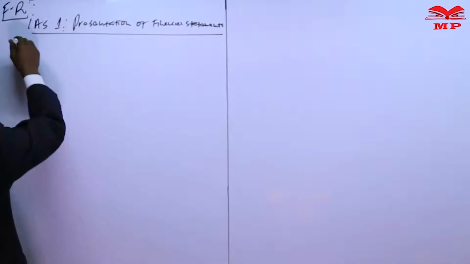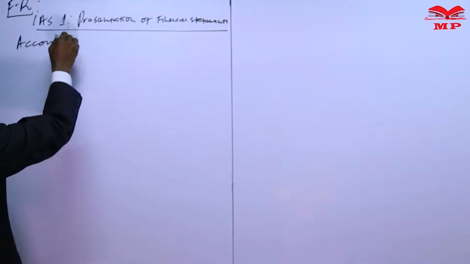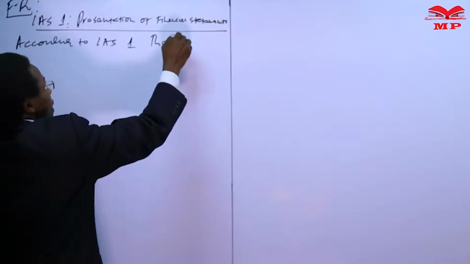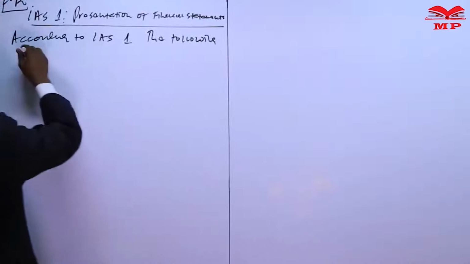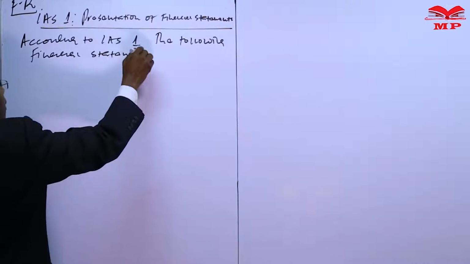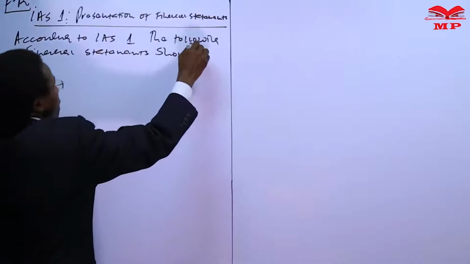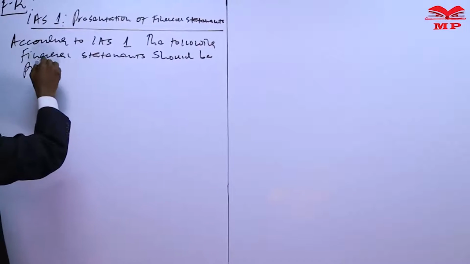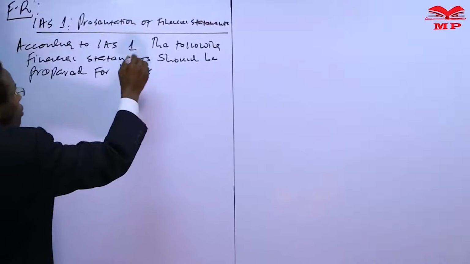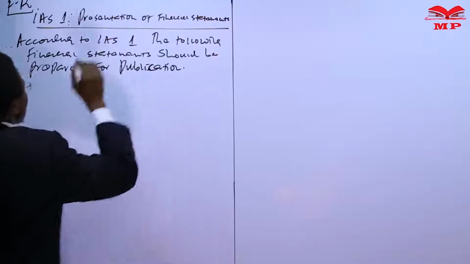Now, according to IAS 1, friends, we are required to prepare financial statements for publication. According to IAS 1, the following financial statements should be prepared for publication or presentation.